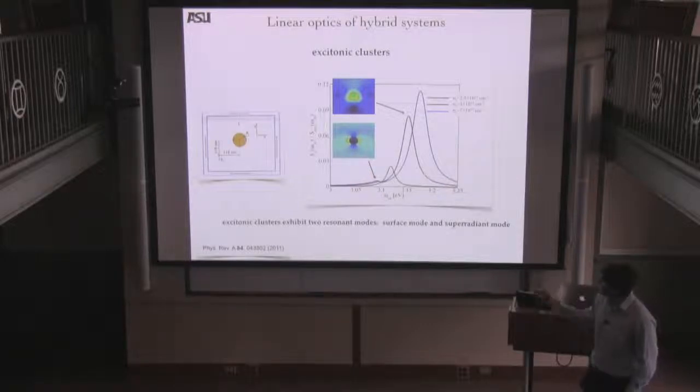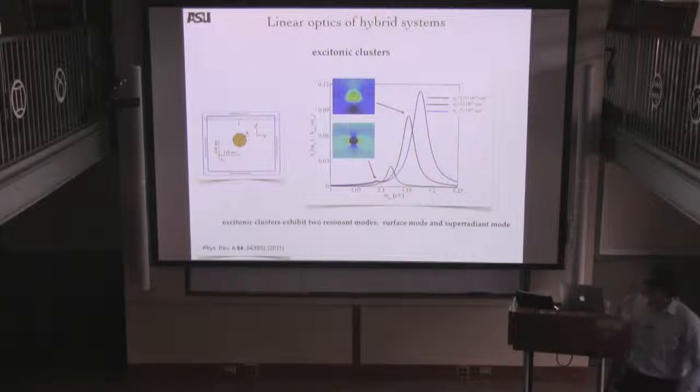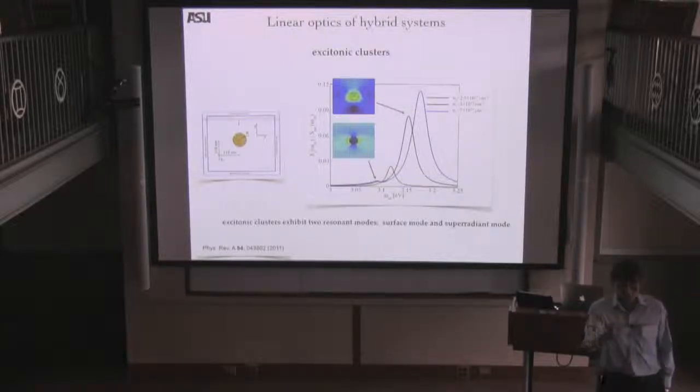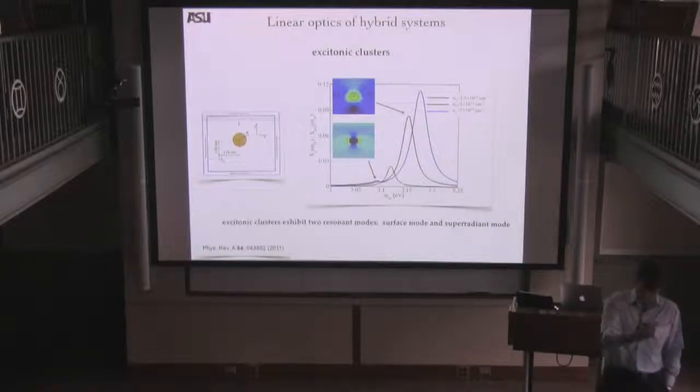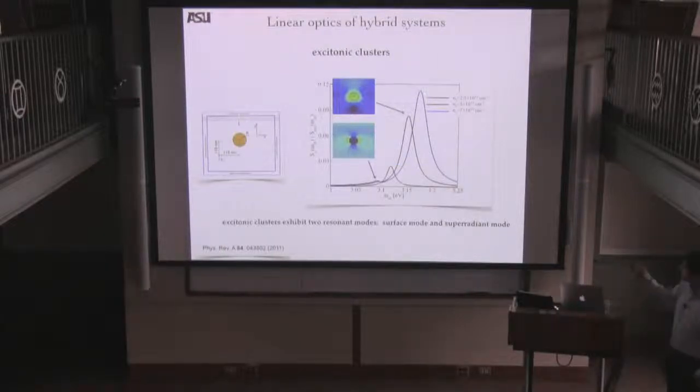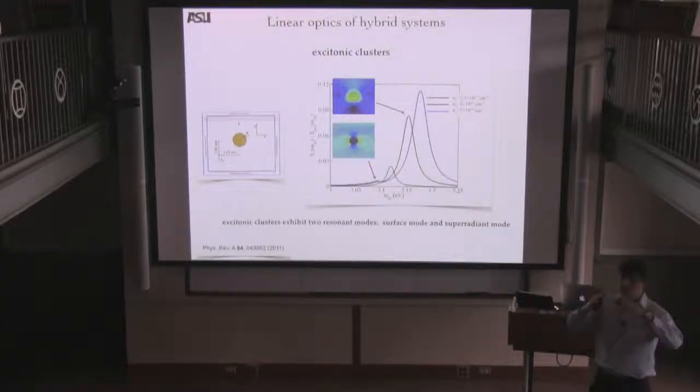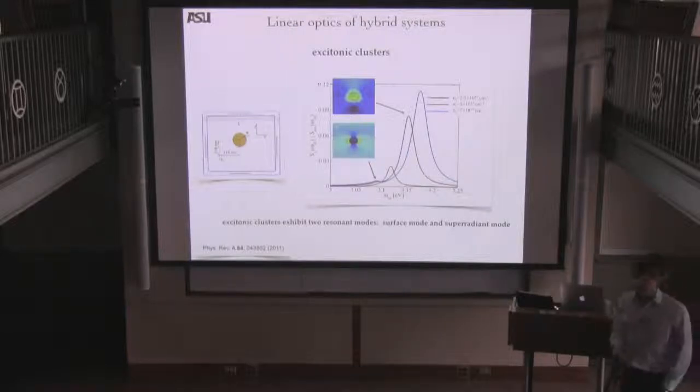So what he's looking at is the scattering as a function of the incident energy, the energy of the photons, at three different densities. There is a tiny small resonance pretty close to this 3.1 electron volts that corresponds to the transition energy. But there is a second resonance that increases its intensity as the square of the density, suggesting the collective nature of this resonance, and it's insanely broad. When we were trying to publish this paper, one of the referees said, well, this is the superradiant mode.